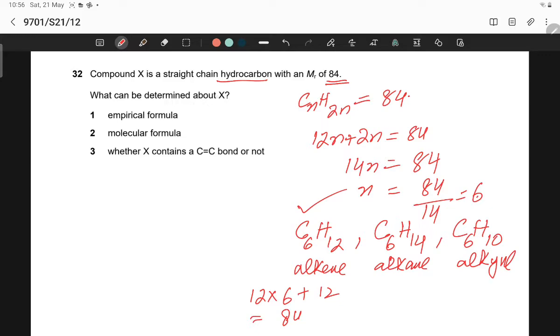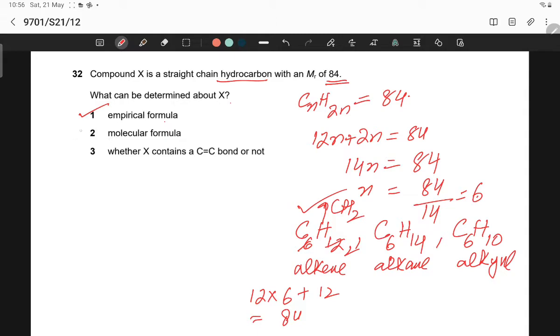What can be determined about X? The empirical formula of this compound is C6H12, 6 1 the 6, 6 2 the 12. So the empirical formula is CH2. We can determine the empirical formula.